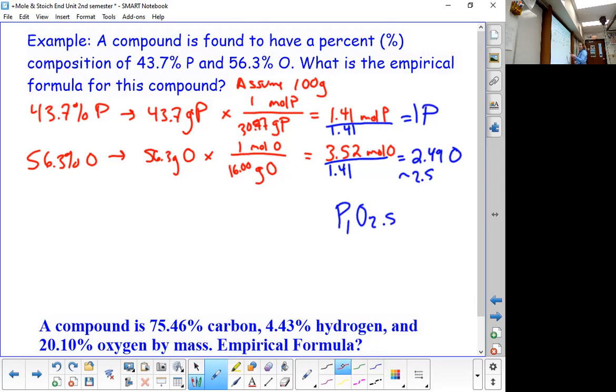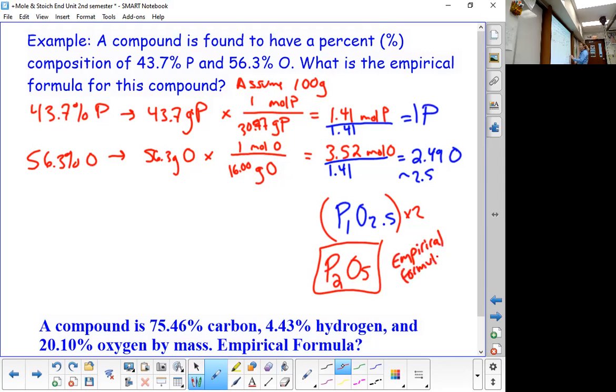We can't have half of an oxygen atom in a compound, so we're going to multiply it by 2. So the empirical formula here would be P2O5. So this compound's empirical formula, the lowest whole number ratio of atoms in this compound based on that percent composition, is P2O5.